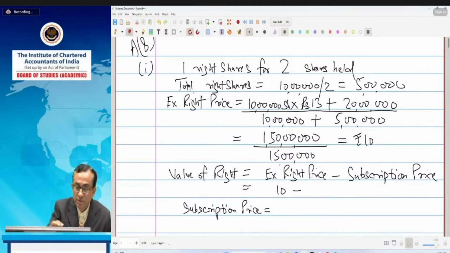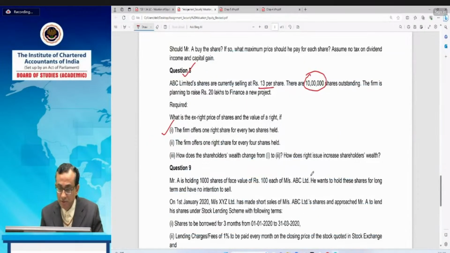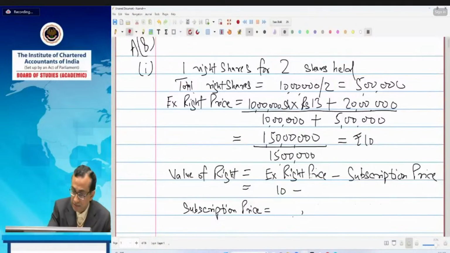The total amount to be raised through the right issue is the 20 lakh. So 20 lakh divided by the number of shares, which is 5 lakh.